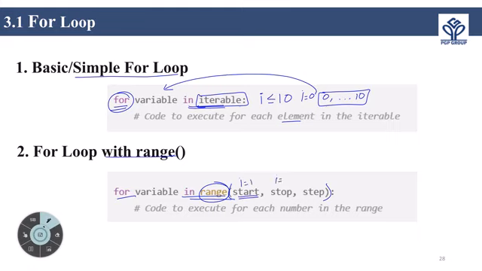Suppose we use a step of 2, we are skipping by 2, for example 2, 4, 6, 8, okay. So this is the syntax for a simple for loop and for loop with range. Clear?